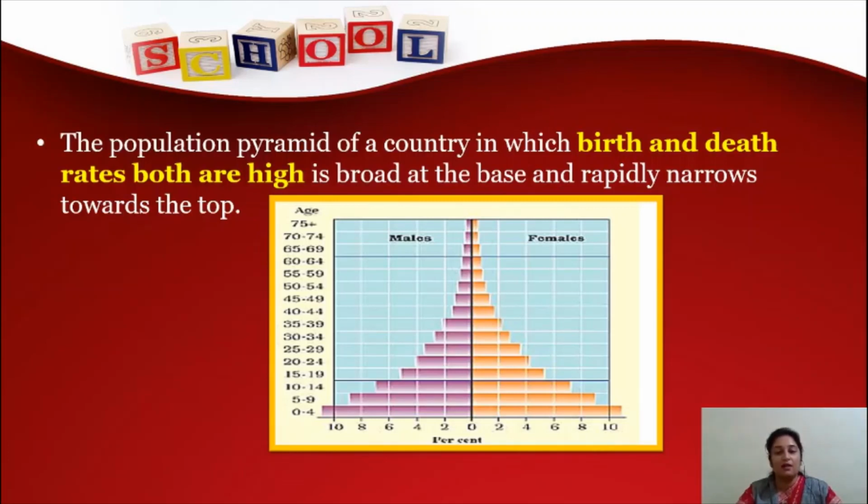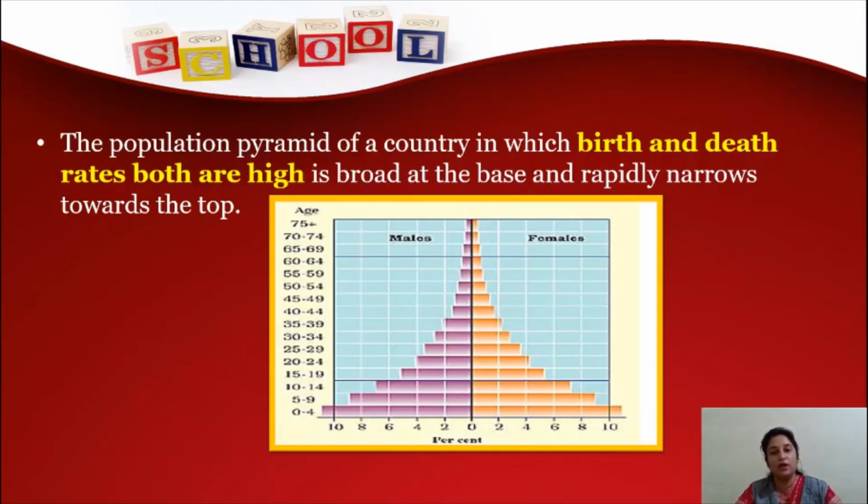It means the births are more, but the children are not able to survive, hence they are not able to reach the old age. Over here, the life expectancy is low.